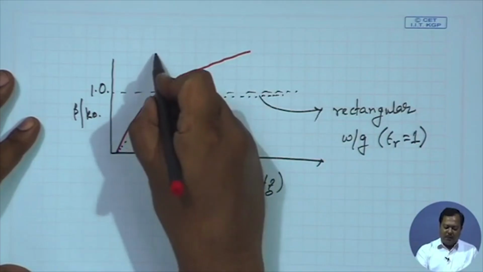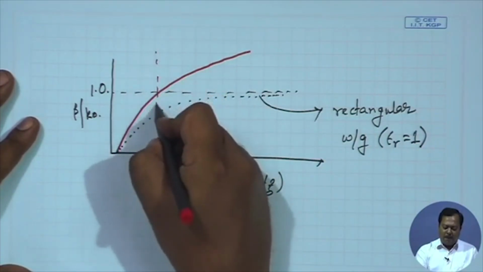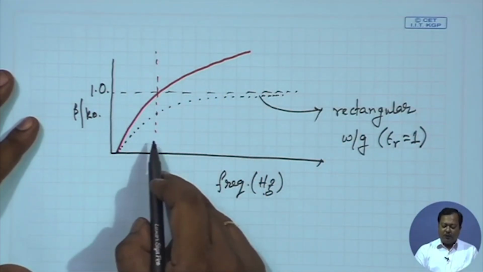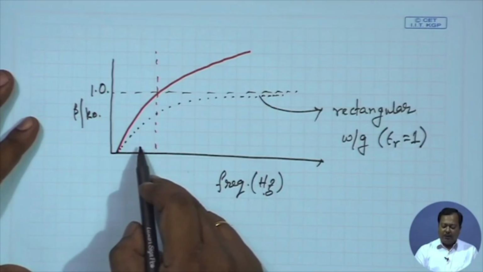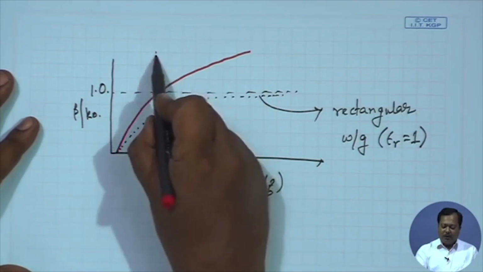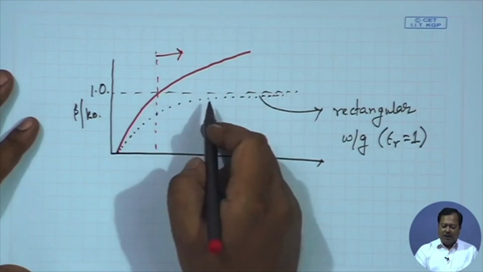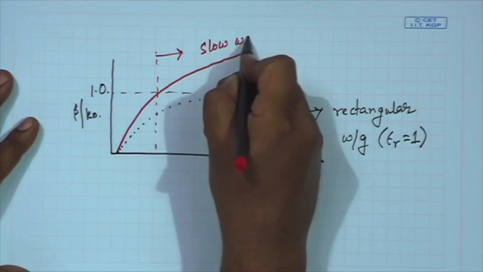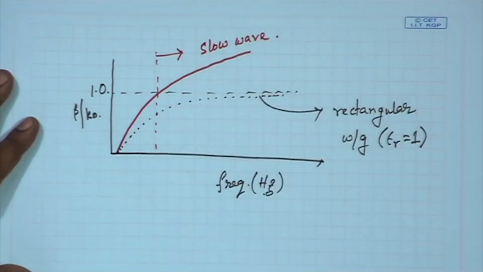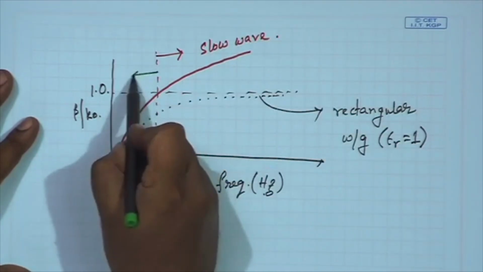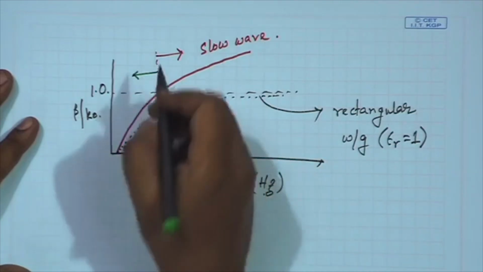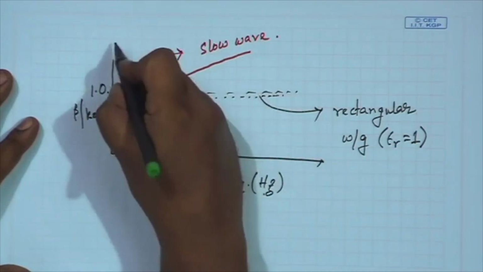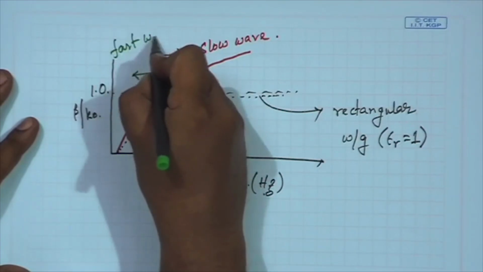Now, for SIW, if I plot beta by k naught, then it supports both slow wave as well as fast wave. For this part beta by k naught is more than 1, so it represents the slow wave region, and the left hand side part, for which beta by k naught is less than 1, represents the fast wave region.